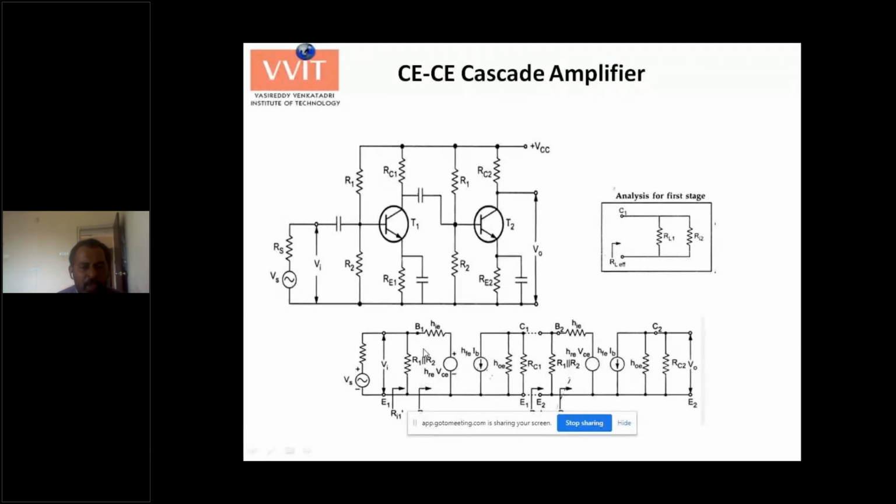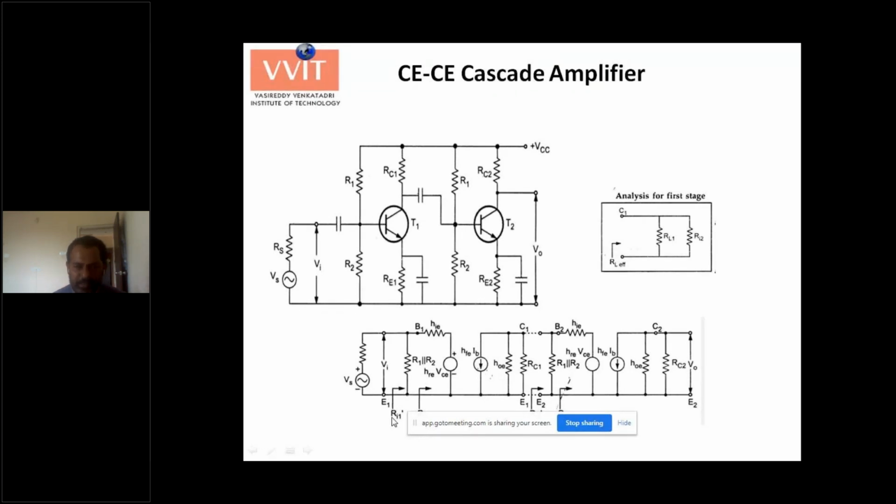We have to keep R1, R2 in parallel here. Then when you look between B1 and E1, you will find some resistance, which is known as the input resistance of stage 1, Ri1. If you find the same thing from this point, it is known as Ri1 prime, the effective input resistance.